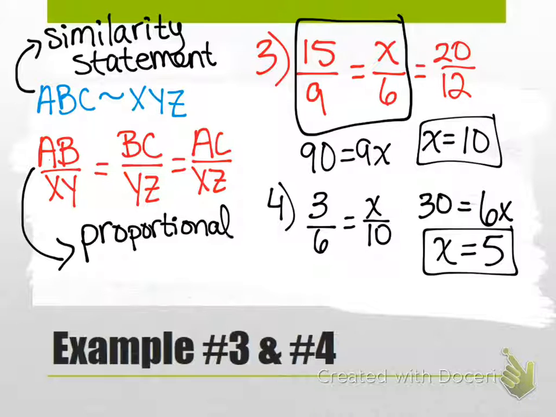So if you are asked on your homework, or say a homework quiz next week for a proportionality statement, you need to have corresponding sides written as ratios set up in proportions. Does that make sense? Do we see the difference here? We have to know the difference between a proportionality statement and a similarity statement.